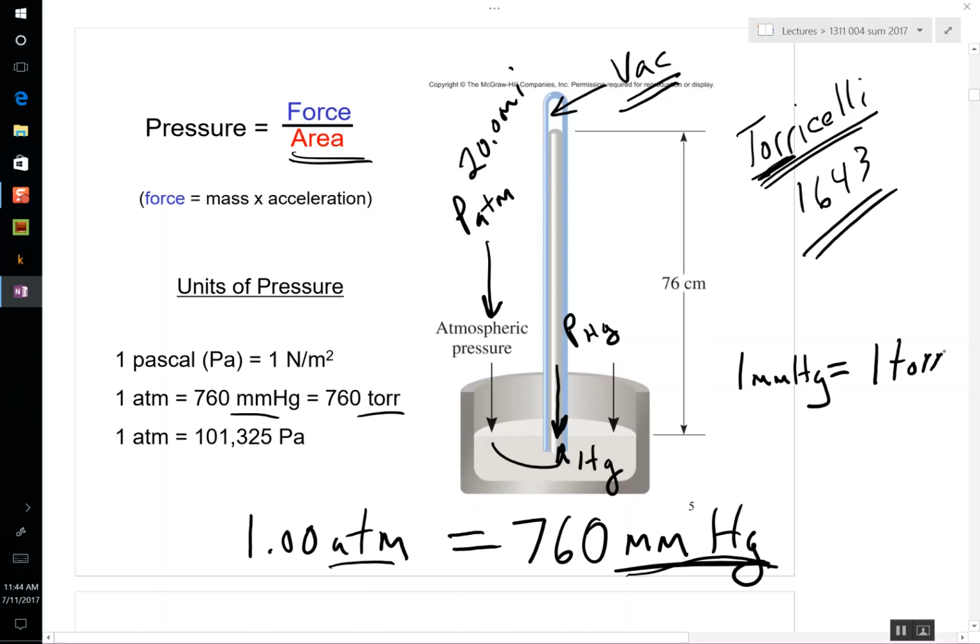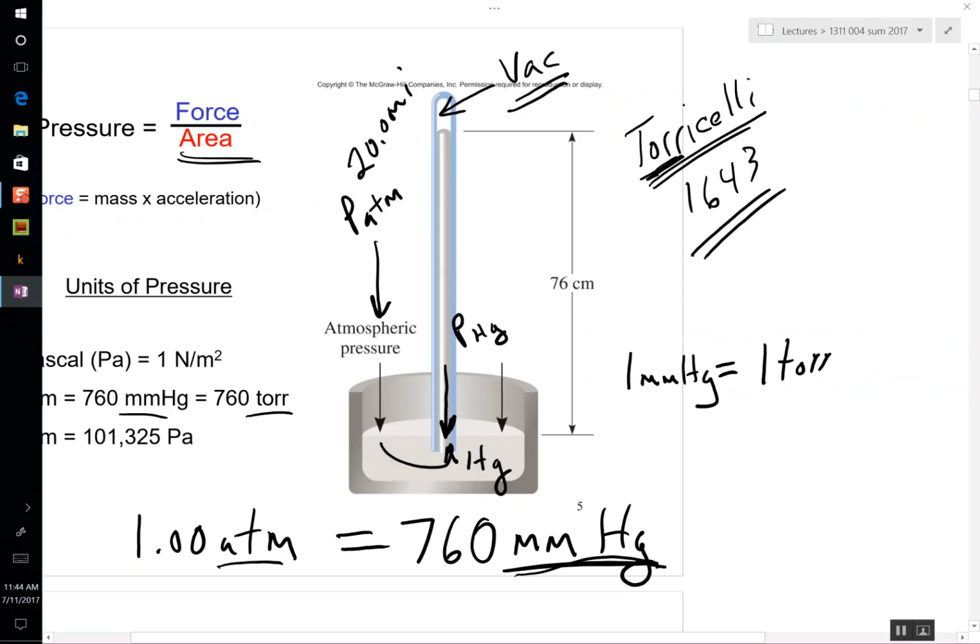If we look at the density of the atmosphere, you will also find this pressure equals force per unit area. You'll find that it is about 14.7 pounds per square inch. That is the amount of force that the atmosphere is exerting.